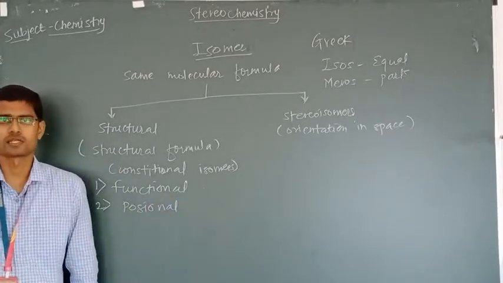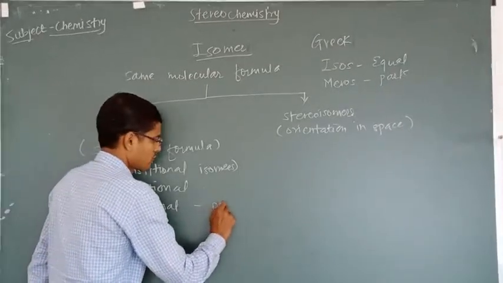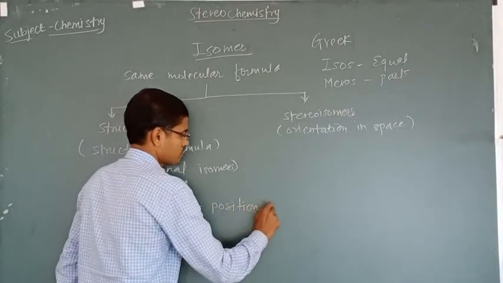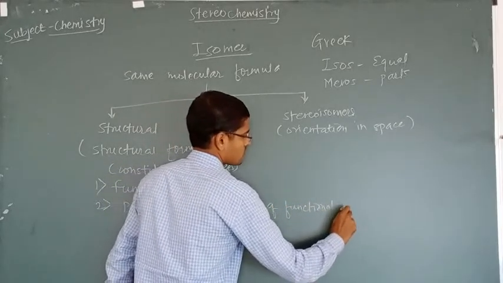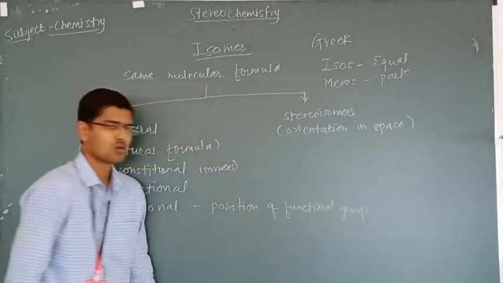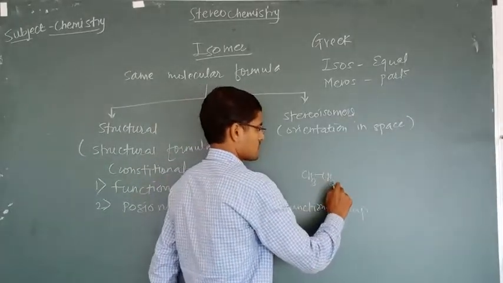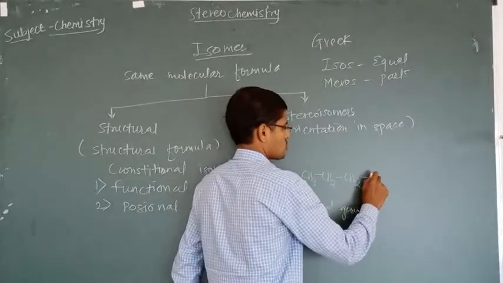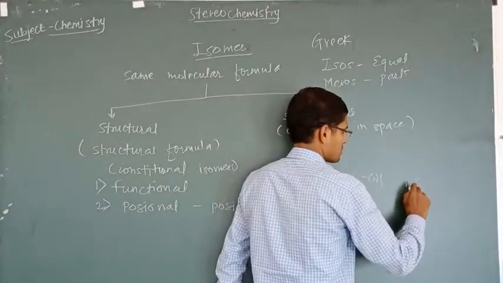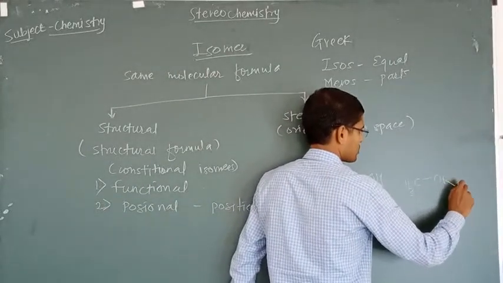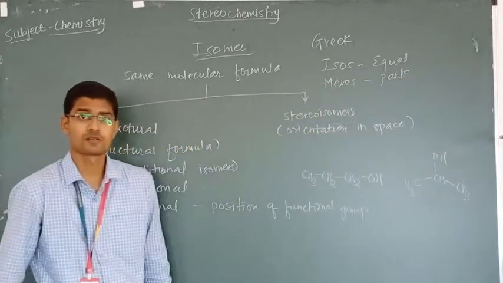Next one is positional structural isomers. What is the difference in these compounds? The position of the functional group. For example, CH3CH2CH2OH and CH3CH(OH)CH3.